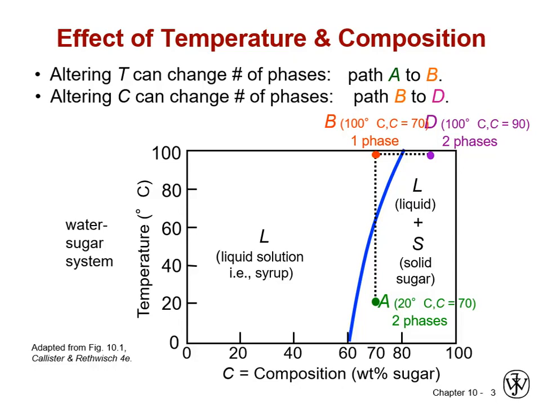If we changed another state variable, say we put this solution into a pressure cooker and we changed the pressure, this entire phase diagram would then not apply. We would have to be looking at a phase diagram that represented the pressure that was being given to us by our pressure cooker.